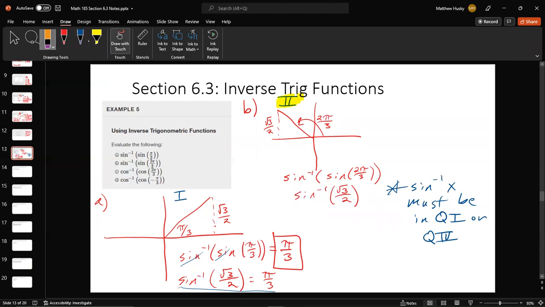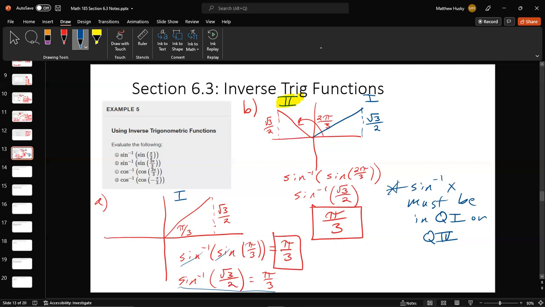So it turns out that the answer is going to be pi over 3 again, because being over in quadrant 2 is not a valid answer. What you need is an equivalent angle over in quadrant 1 that gives you the same value for sine. That'll give you the same y value, the same height.